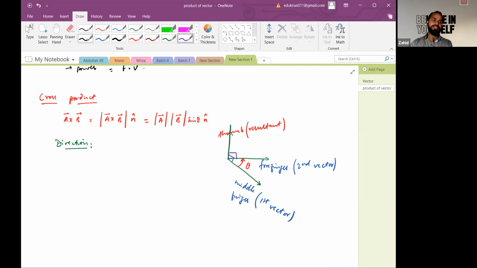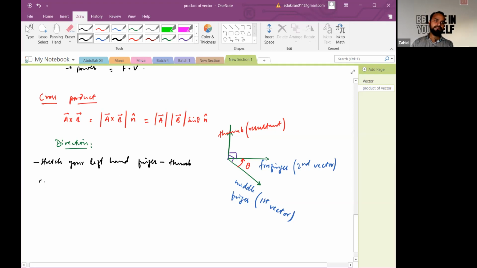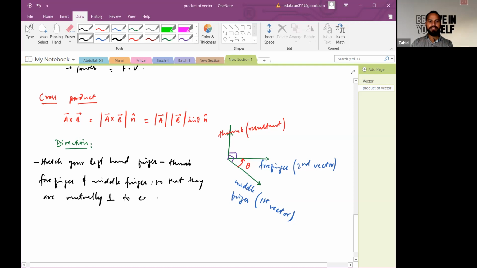So how to calculate the direction of this resultant? First, stretch your left hand fingers, thumb, forefinger, and middle finger, so that they are mutually perpendicular to each other, like this.